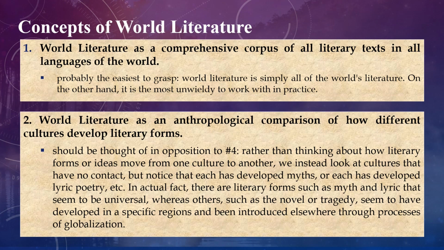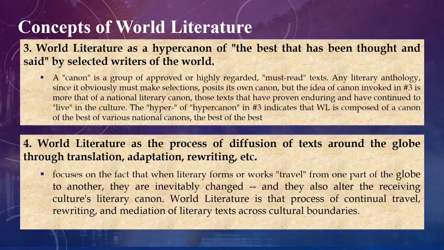Number three, world literature as a hypercanon of the best that has been thought and said by selected writers of the world. A canon is a group of approved or highly regarded must-read texts.